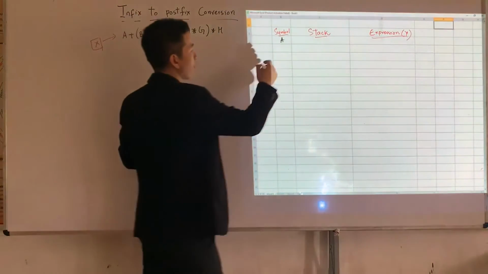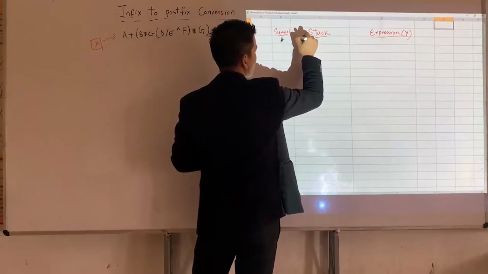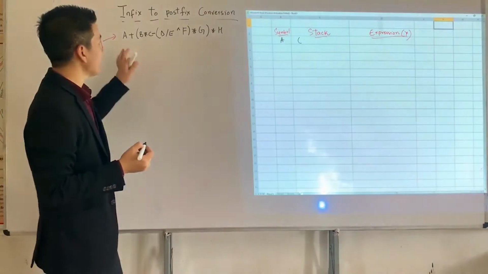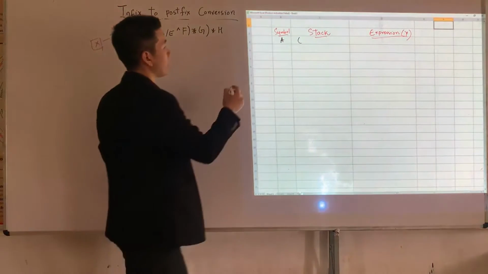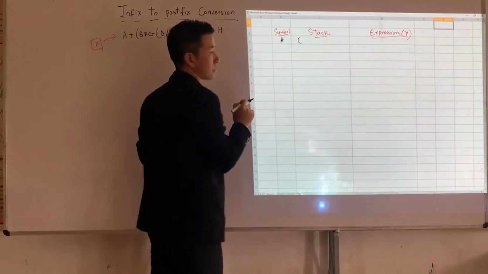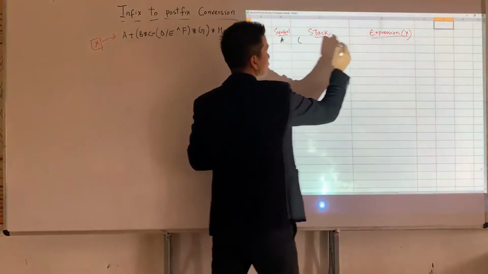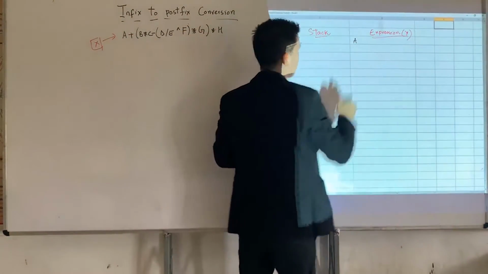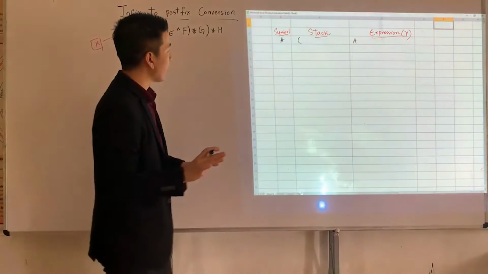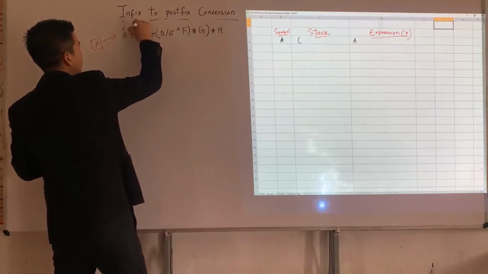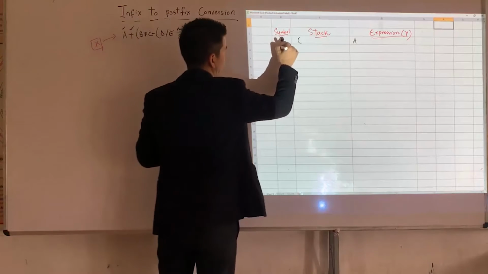So remember, the first rule says I need to add an opening brace. Now the next symbol is an operand, A, so I need to have it added to the expression. Simple. Then, I'm done with the A, now you have this plus.